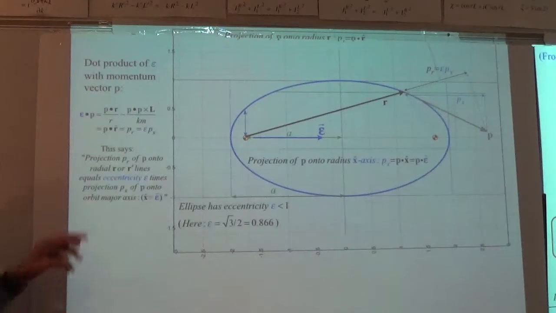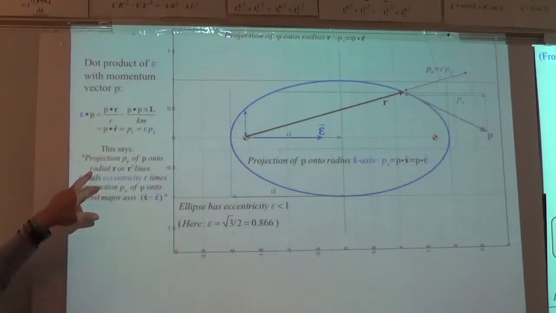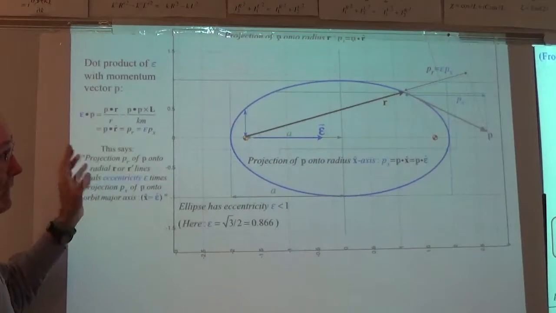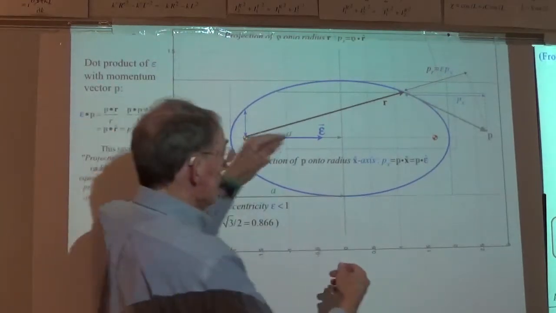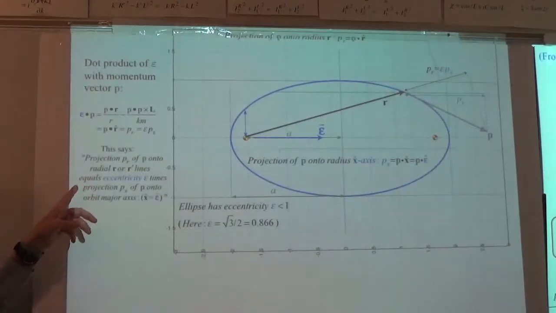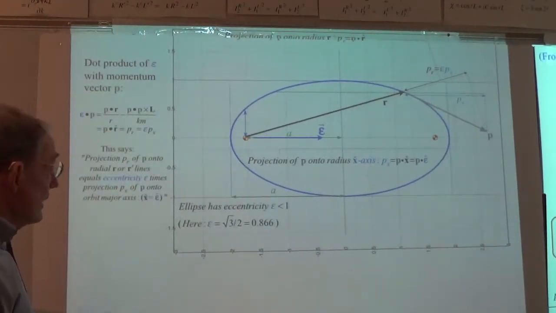So this is saying that the projection of p_r, that is the radial component of p, projected onto the radial r, or r prime, doesn't matter which one of those you use, this is the r, that's the r prime, is going to be equal to the eccentricity epsilon times the projection of p_x.